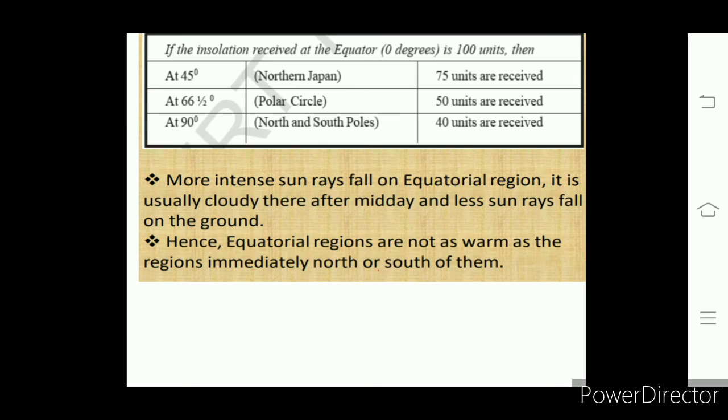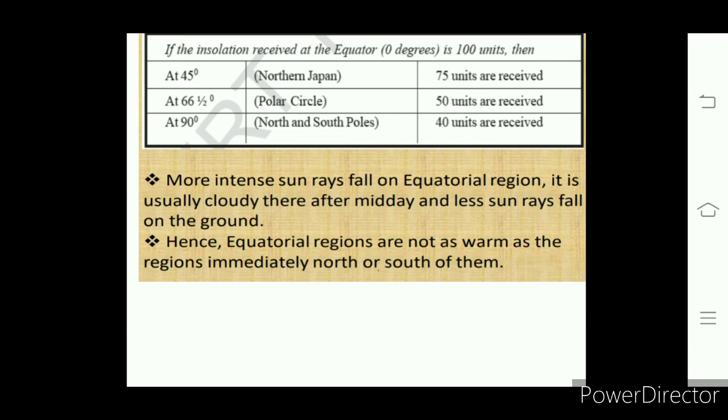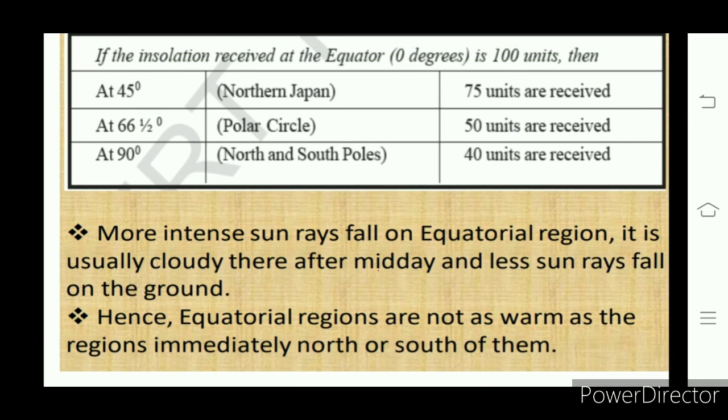Equatorial regions are not very hot when compared to the tropical zones, which are very adjacent to the equator. If you look at this table, you will understand.